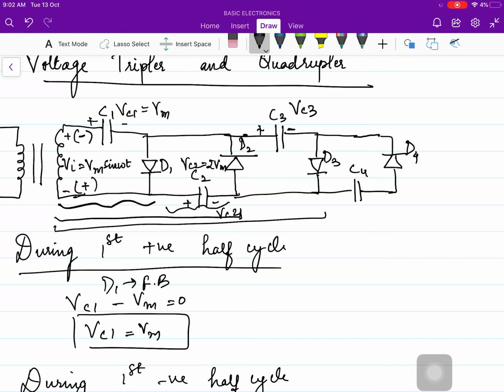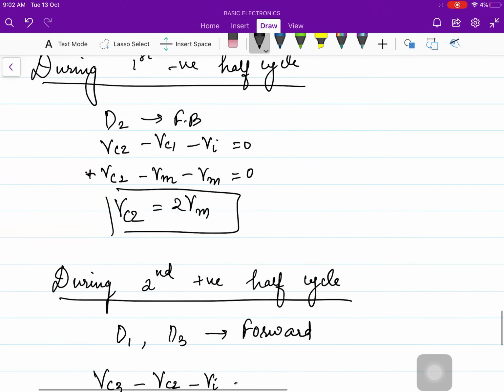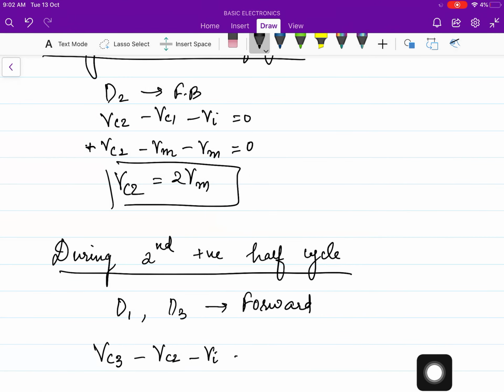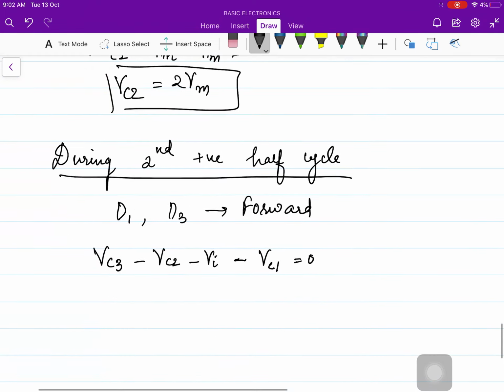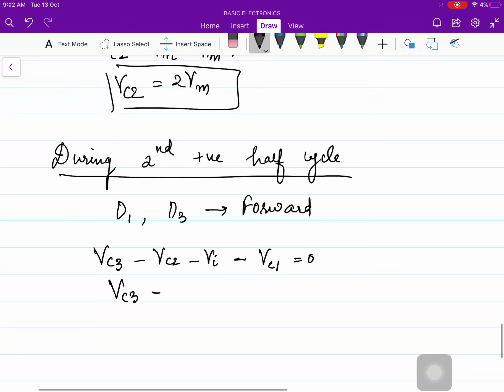Diode is forward flowing like this. So we are taking plus VC3 minus VC2 minus Vi and minus Vm, that is VC1, is equal to 0. So VC3 minus 2 Vm minus Vm minus Vm is equal to 0. Sorry, it is plus VC1.